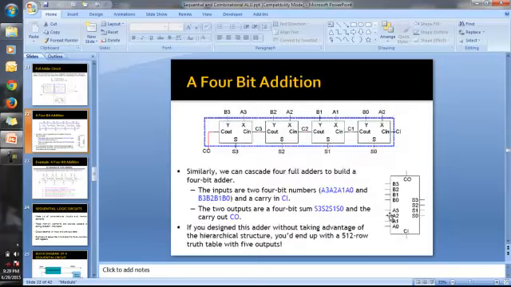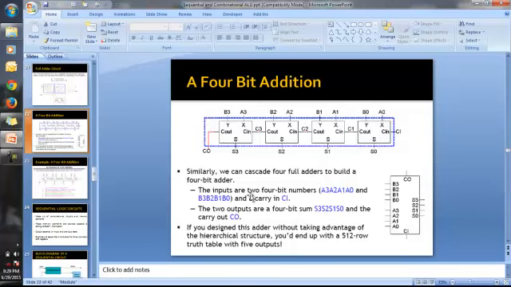So this explains how we can perform 4-bit addition by using full adders or half adders. Here I am taking only 2 bits at a time, so I can perform this by using full adders.